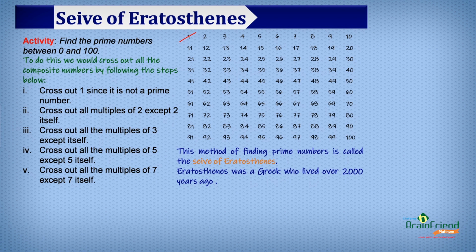Next, we are instructed to cross out all multiples of 2 except 2 itself. So all multiples of 2 apart from 2.